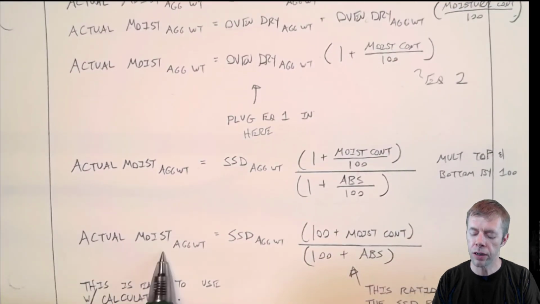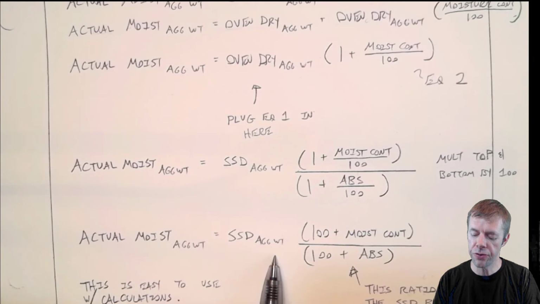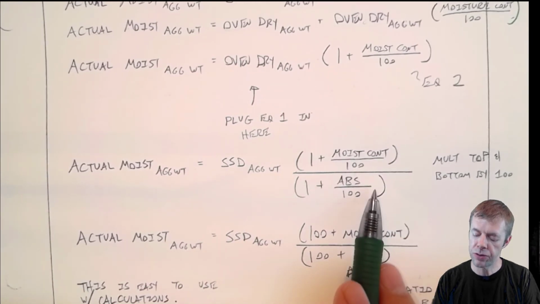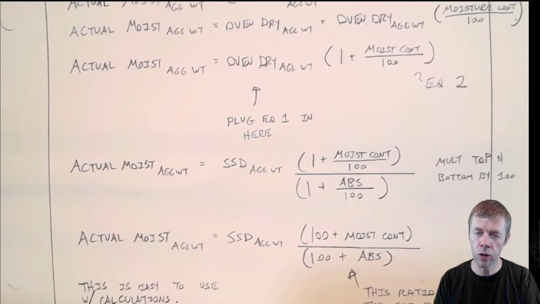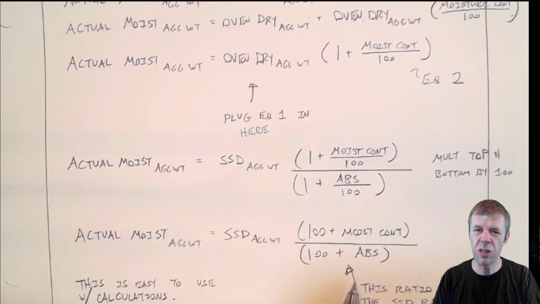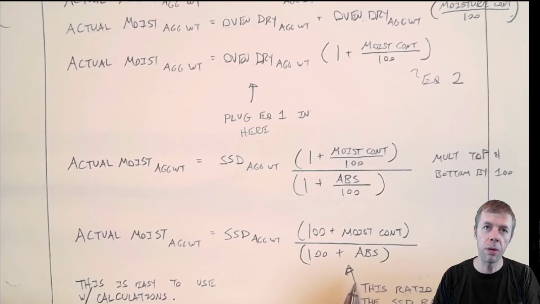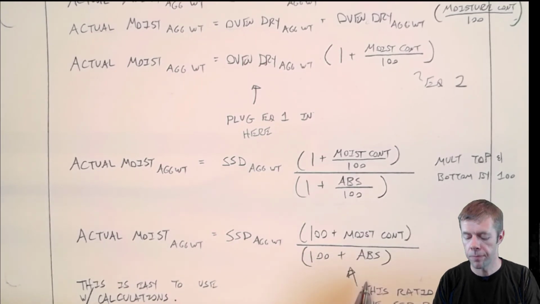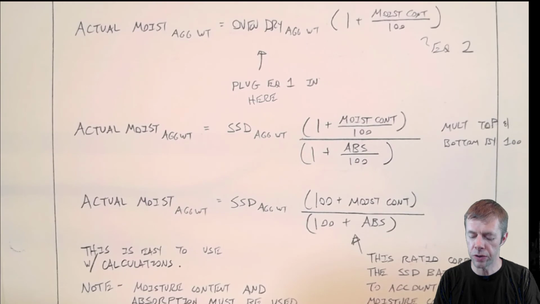Again, my actual aggregate moisture weight is going to be equal to this, and I've just multiplied by 100 on the top and 100 on the bottom. That's easy. Multiplying by 100 over 100 is just like multiplying by 1, it's not that big of a deal. This is just to make the calculations easier. If you don't believe me, these two equations are mathematically equivalent to one another.